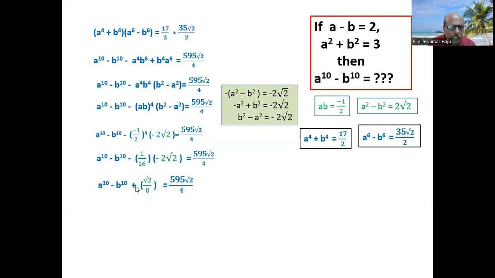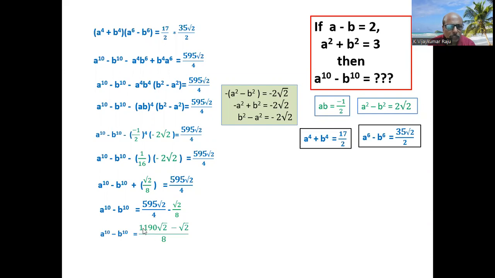Take this plus sign this side, it becomes negative. So a¹⁰ minus b¹⁰ is 595 root 2 upon 4 minus root 2 upon 8. LCM is 8, so this is to be multiplied by 2.